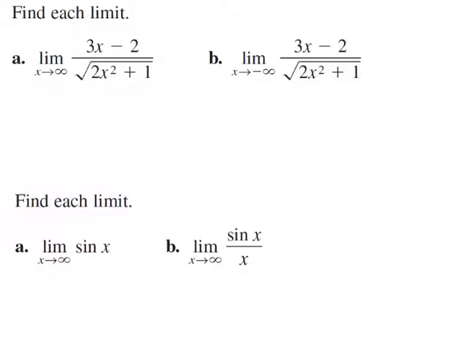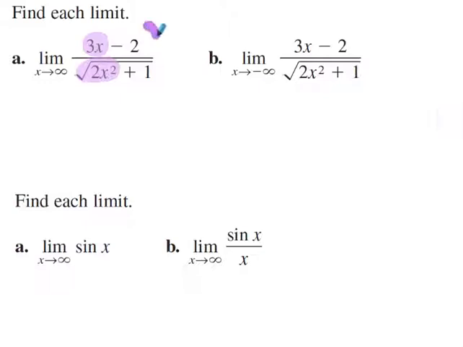So let's look at the next slide, find each limit. Now if I look at this, let's just do this without typing it in. I'm going to look at the highest power here and the highest power on the bottom. Now the question is, what actually is the power on the bottom? It's actually 1.